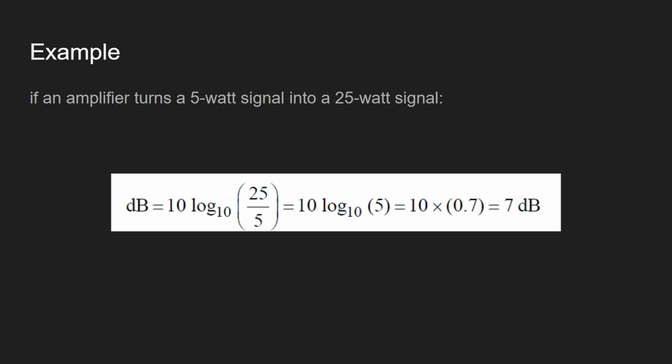If an amplifier turns a 5 watt signal into a 25 watt signal, what is the dB gain? Okay, we are trying to find the dB gain. So anytime you do the dB, make sure that the reference is not always 1. But if they didn't give you the reference point, you know that it will be 1.